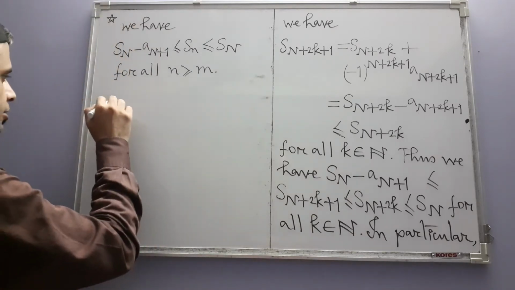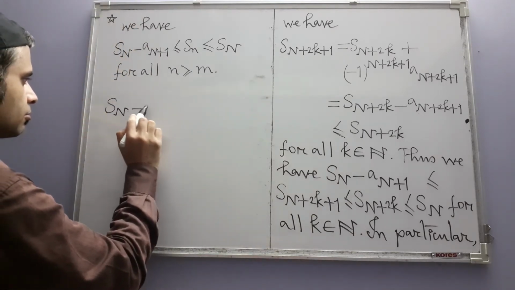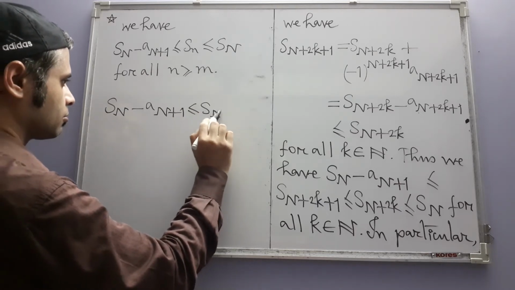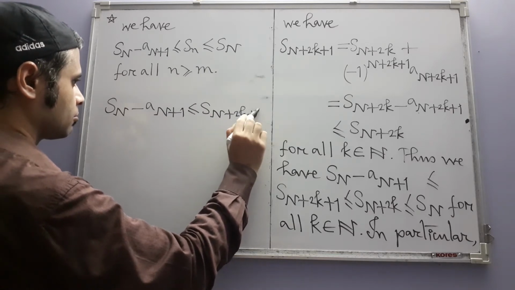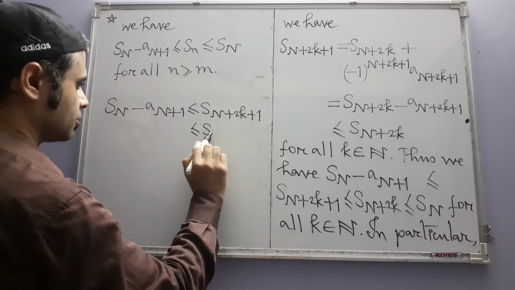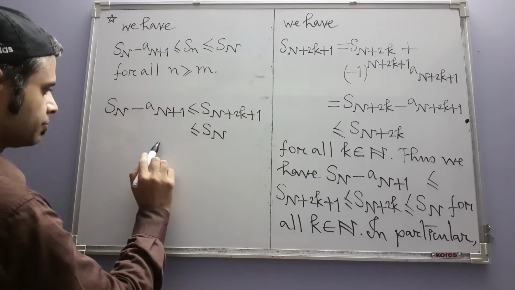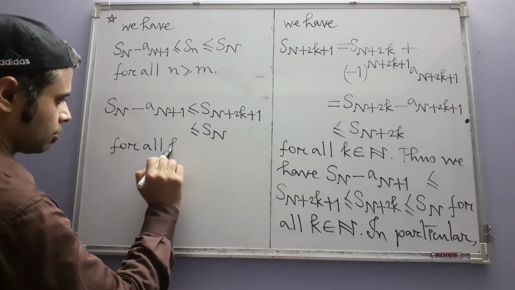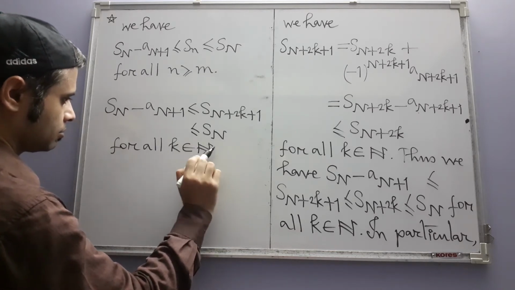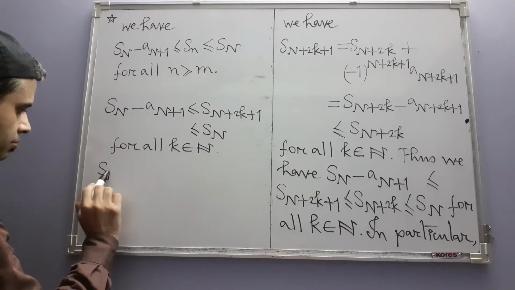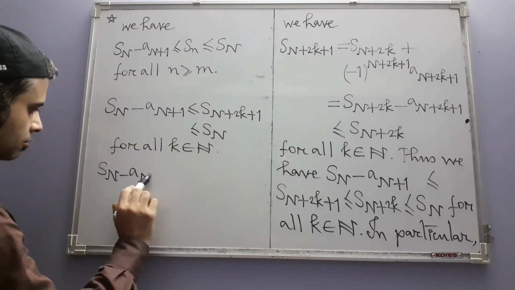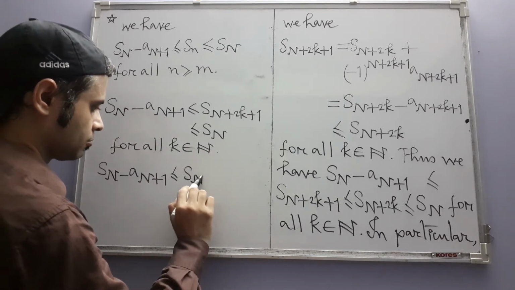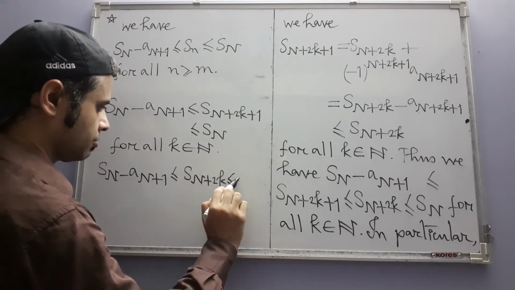One of them looks like this. It is less than or equal to S_n for all natural numbers k, and at the same time we also have these.